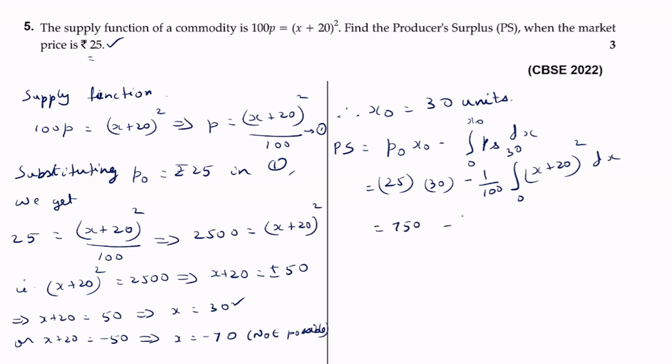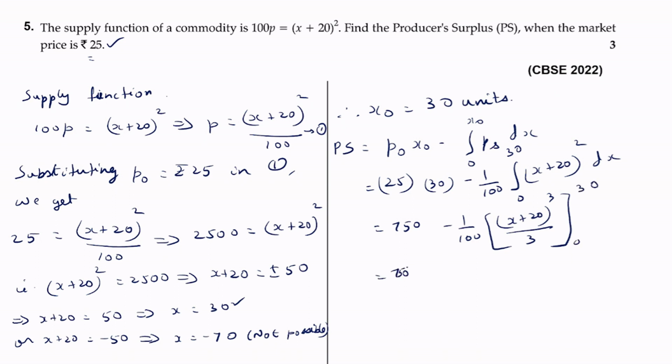So this is 750 minus 1 by 100 into integral of (x plus 20) the whole square, which is (x plus 20) the whole cube by 3, with the limits 0 to 30.